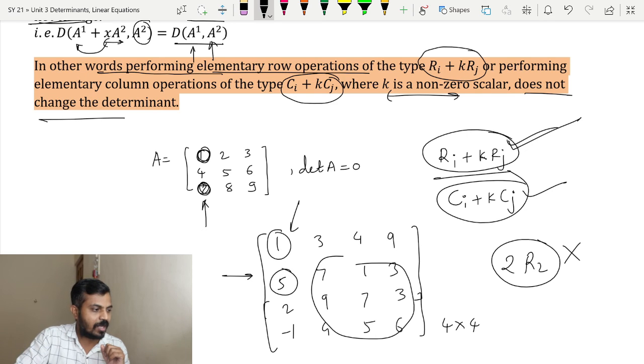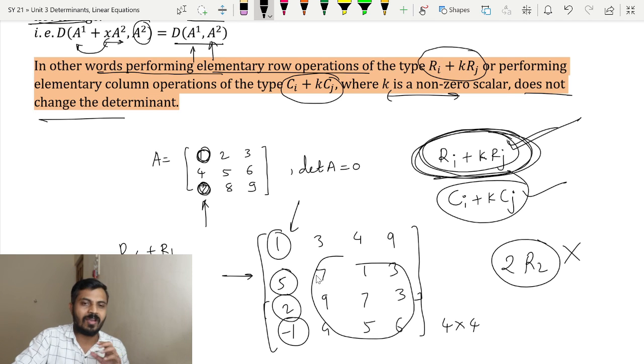Then I will perform R3 minus 2 times R1, this will be 0, and I will perform R4 plus R1, this will be 0. And according to this property, since we are performing such row operations, the value of the determinant will not change, isn't it? And you can see that whatever operations we are performing are of this type only. I am choosing some values of i, j and k over here.